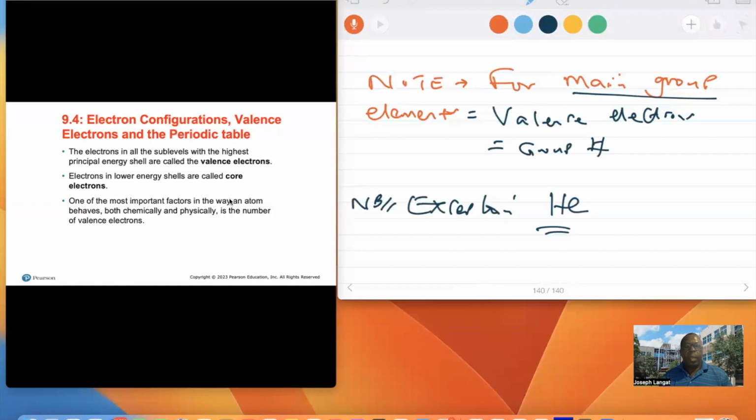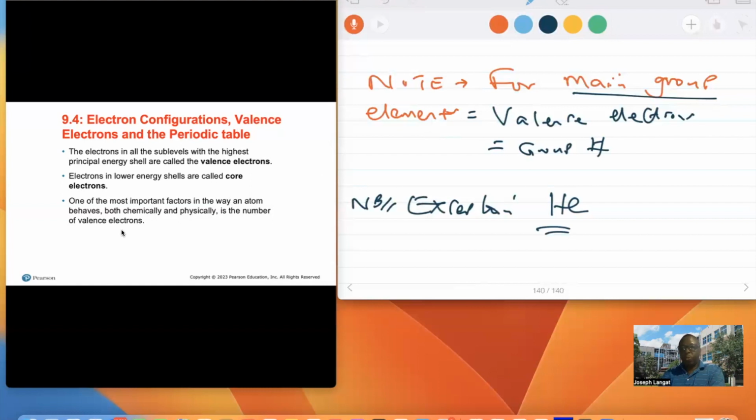What is responsible for the reactivity of atoms of elements is the outermost electrons, which are available for forming chemical bonds, for reaction. The number of valence electrons is important for both chemical and physical properties.